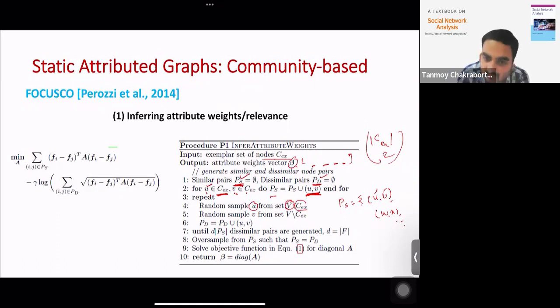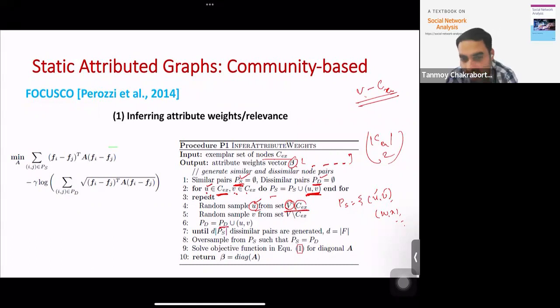The remaining nodes might be similar, might be different. We do not know. We only know that CEX nodes are similar. We do not know the nature of the remaining nodes, right? So we sample two nodes, U and V, from this set, V minus CEX, and then you add those pairs to PD.